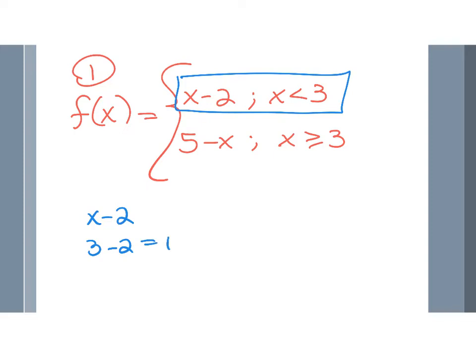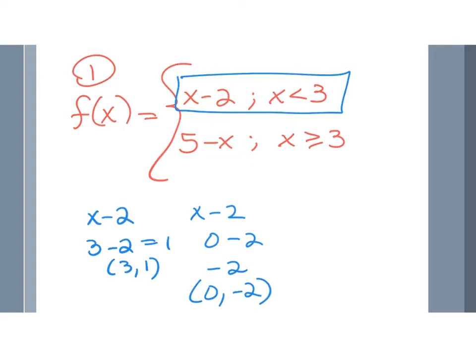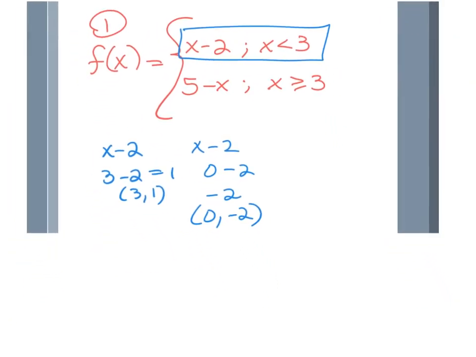So this ordered pair would be 3, 1. I'm going to pick another number that's less than 3. So I can also plug in a number less than 3. I could plug in 0 and get negative 2. So 0, negative 2. So let's go ahead and let me graph this.